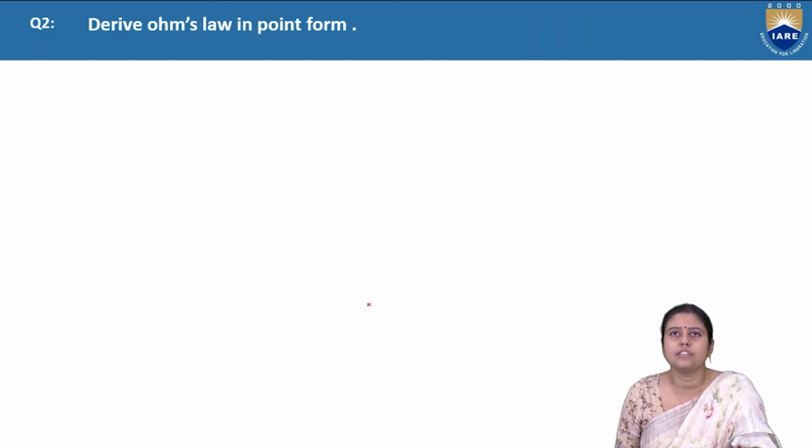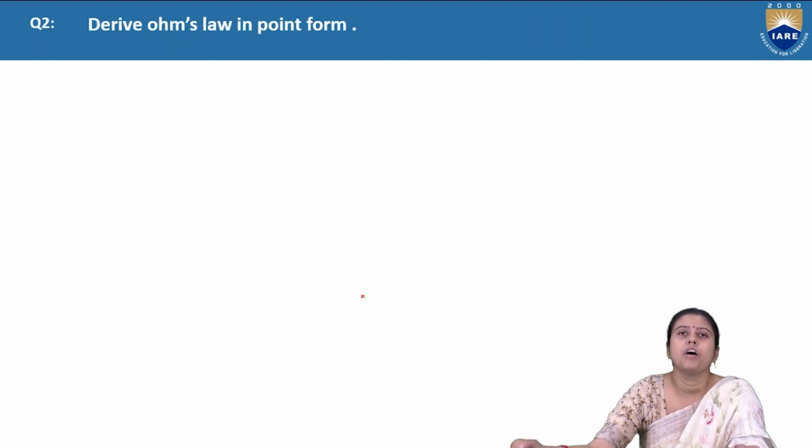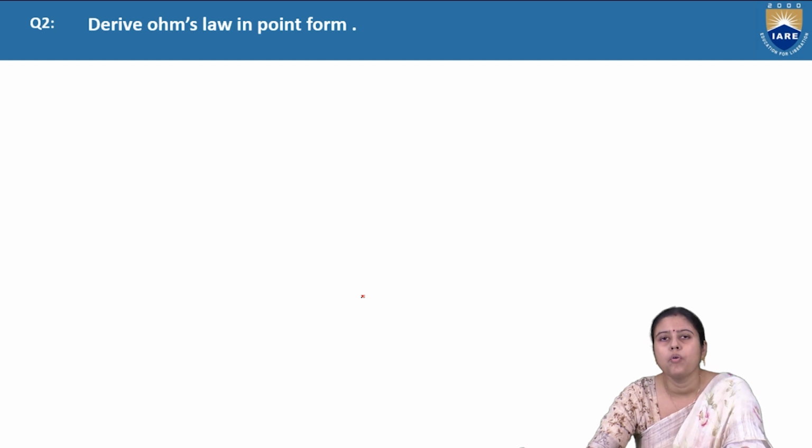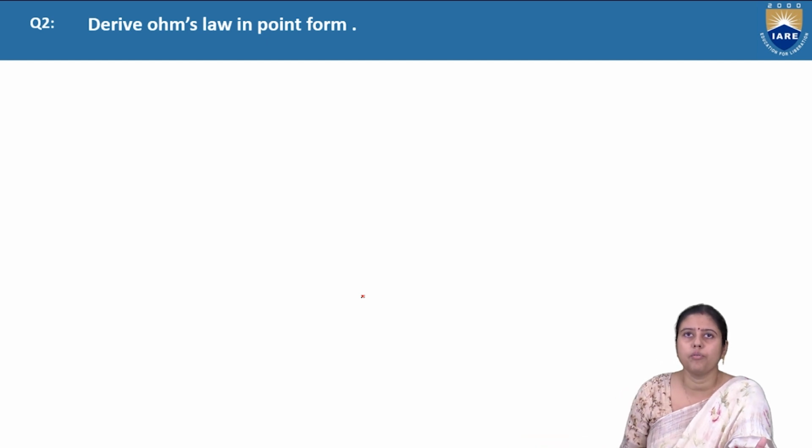Next, we will discuss Ohm's law in point form. First, what is Ohm's law? When temperature, pressure and other physical conditions are constant, the current flowing through a conductor is directly proportional to the voltage.